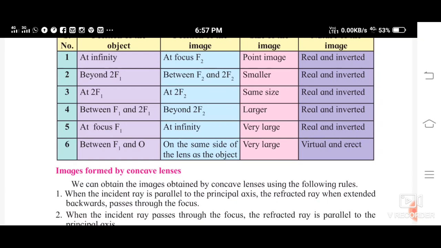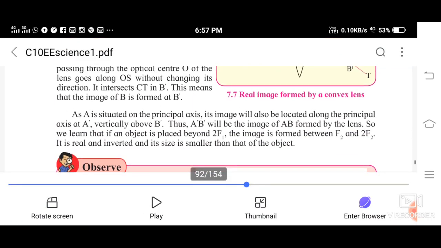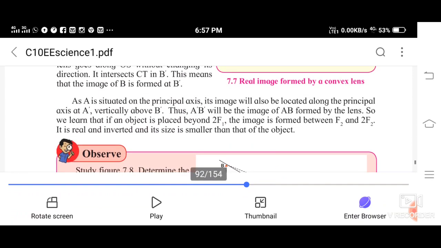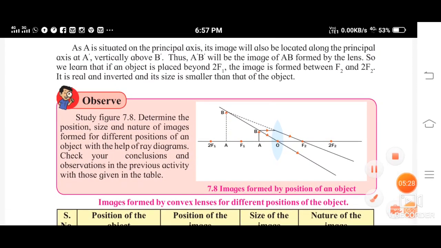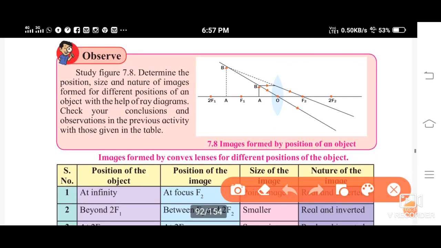Now once again let me show it to you. In this ray diagram, let us see. When you keep the object at infinity, it will be formed at F2.